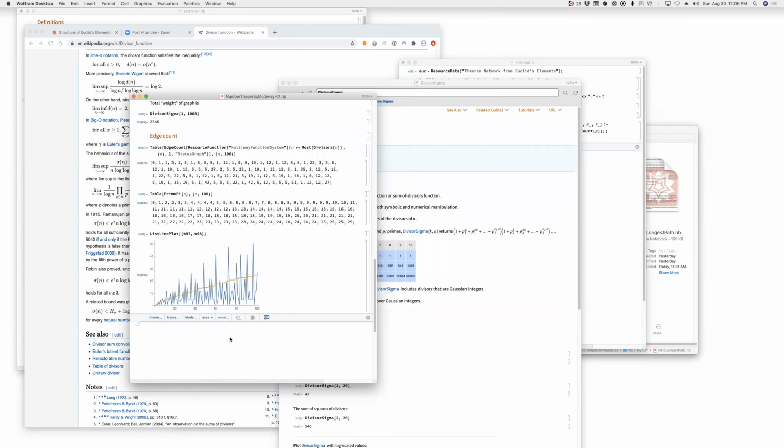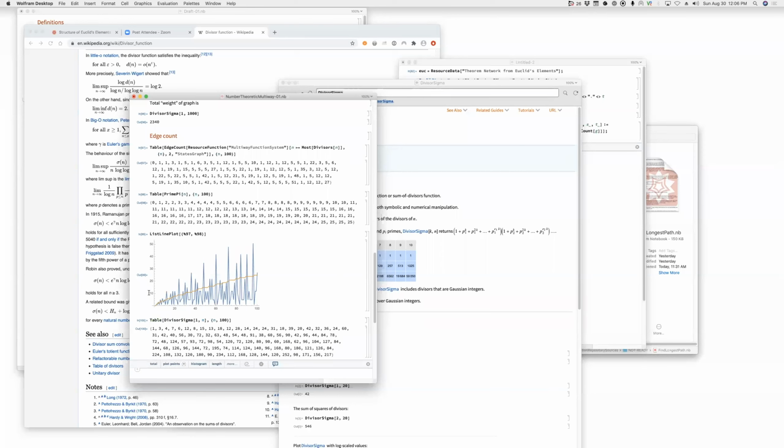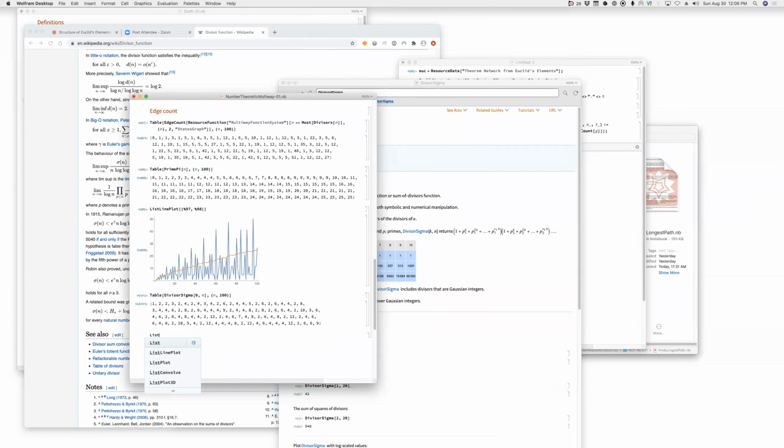And if I compare this with divisor sigma of 1 comma n, I'll get a different kind of result. Let's try 0 comma n, which is just counting the number of nodes.